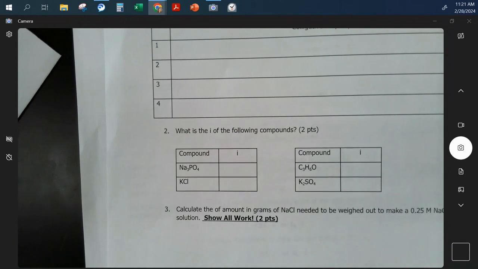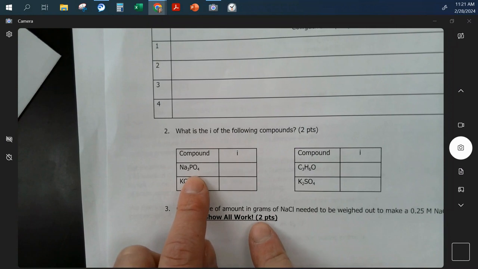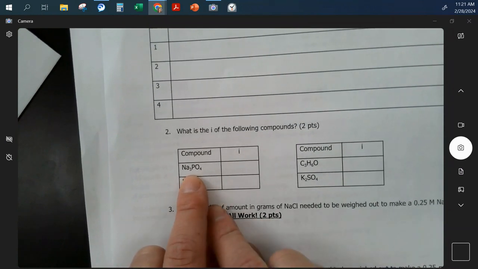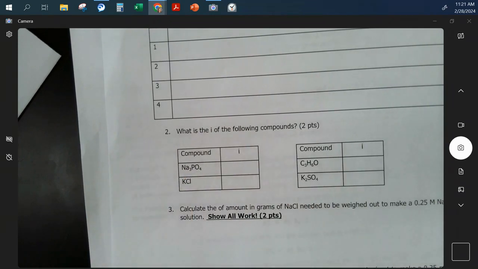All right, so what did you decide for how many particles one of these compounds gives us? This one is 4, good. So let me pull up a paper. The first one on the left is 4.